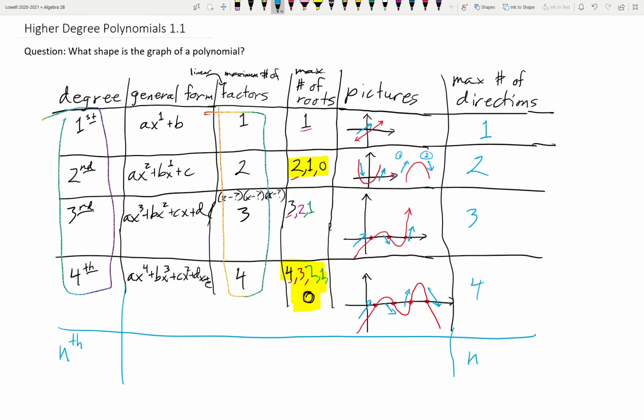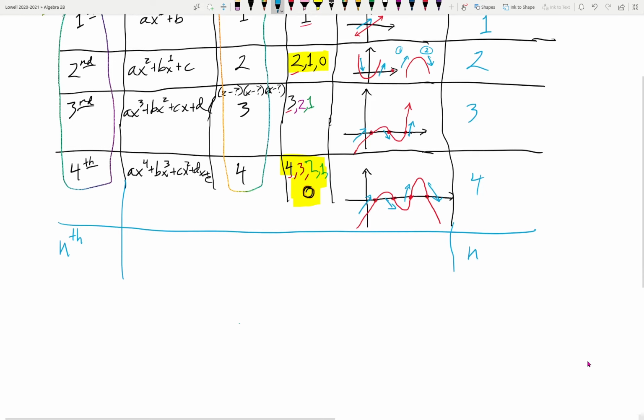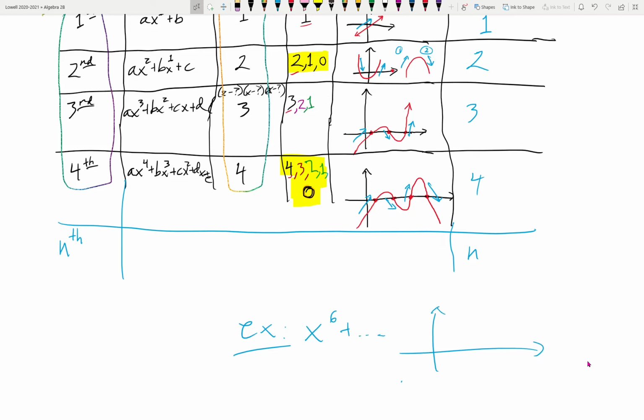So for example, if I had a 6th degree polynomial and a bunch of other stuff, this graph could potentially look like this. 1, 2, 3, 4, 5, 6, like so.